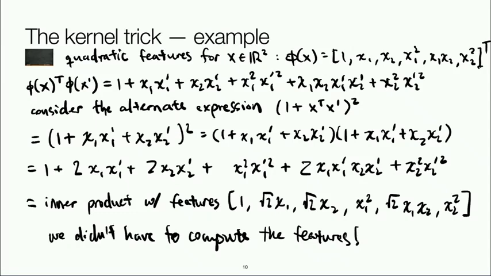I will tell you this, but I won't actually prove it because it gets a lot more involved. We can replace this 2 with 3, 4, 5, 100, whatever we want, and that corresponds to that polynomial featurization. So in general, using polynomial features at least used to be very popular because there was this really easy kernel evaluation that we could do to make it much more efficient than using those features directly.